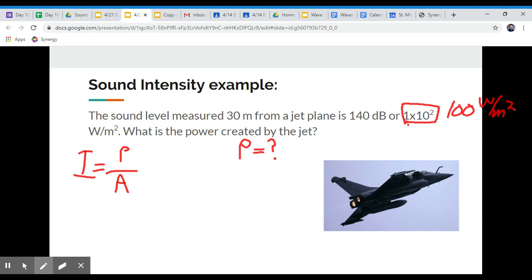And then we have area, which we said we are going to use 4 pi r squared. And when you solve for that area, you can go ahead and plug that 30 meters into r there. I'll give you a second to solve for that.